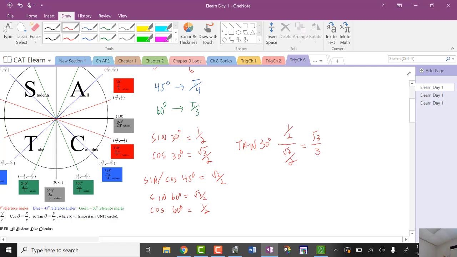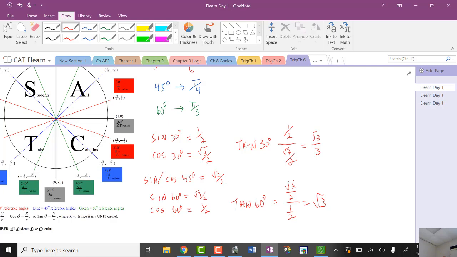So the 2's cancel, and you end up with 1 over root 3, which is root 3 over 3. And then tan of 60 is root 3 over 2 over 1 over 2, sine over cosine again, which ends up being root 3. The 2's cancel, and you get root 3 over 1. So if you have a unit circle with the coordinates, that's what you do with them. You take sine over cosine to find tangent.